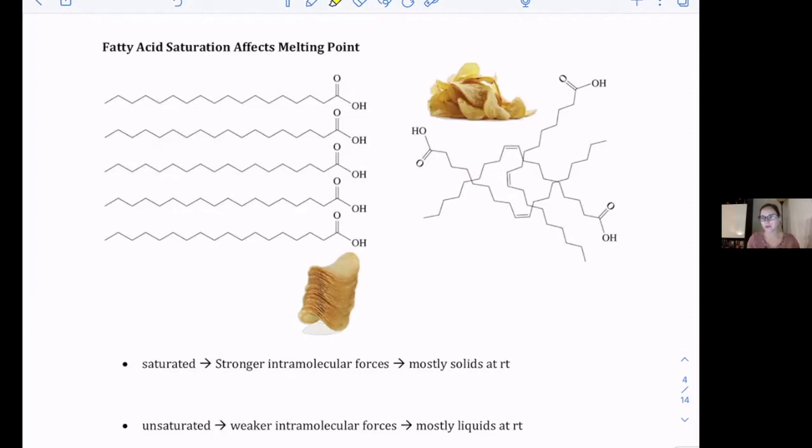Olive oil or vegetable oil, stuff like that, is always a liquid. It has slightly different properties in terms of where the double bonds are, how many double bonds there are, or how long the chain is, and that's what affects its solid or liquid properties. So for example, over here on the left, we have stearic acid.